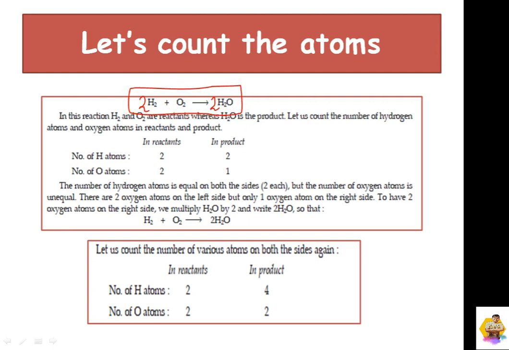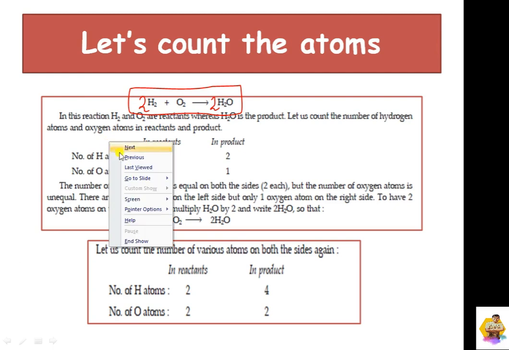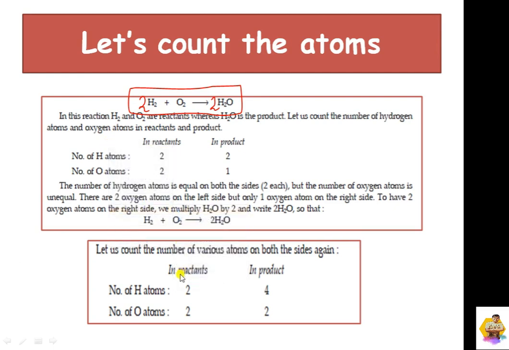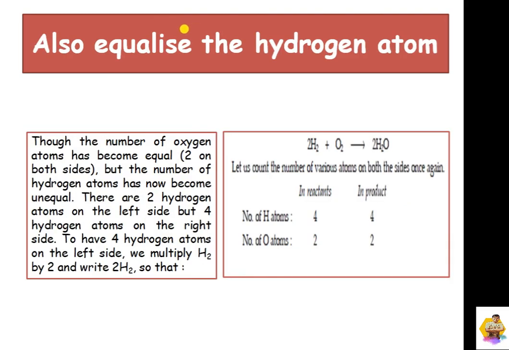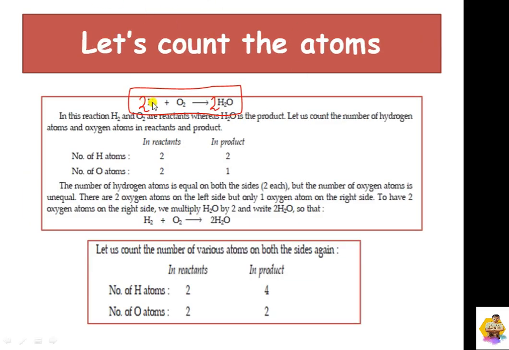Now it becomes a balanced chemical equation. If you look, the number of hydrogen atoms on the reactant side is 4, and the number of hydrogen atoms on the product side is also 4.